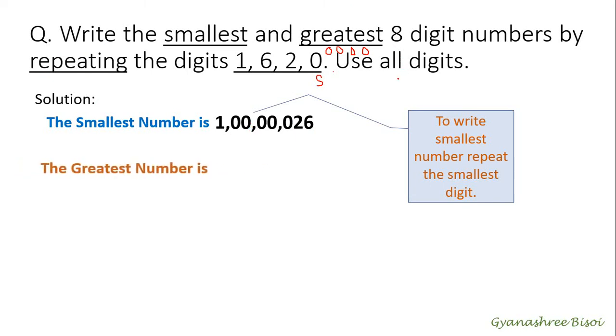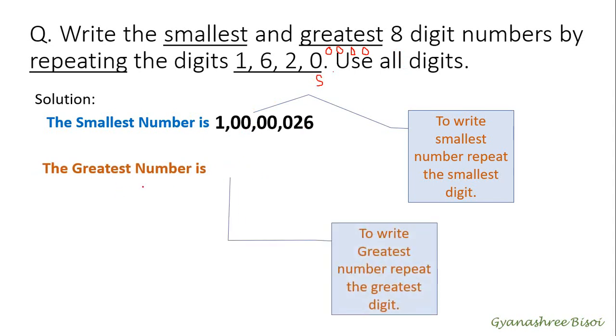Then the greatest number. What is the rule for the greatest number? To write the greatest number, repeat the greatest digit. While writing the smallest number, we need to repeat the smallest digit. Clear? Which one is the greatest digit over here? 6.